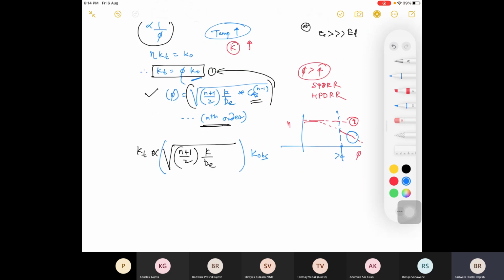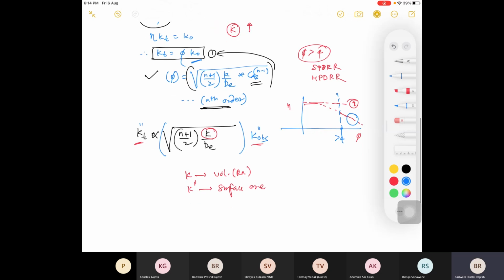Now you know K observed is based on the surface reaction, this I also explained. I am writing here that K is based on the volume of the reaction mixture, and K double dash, it was double dash, was based on surface area.